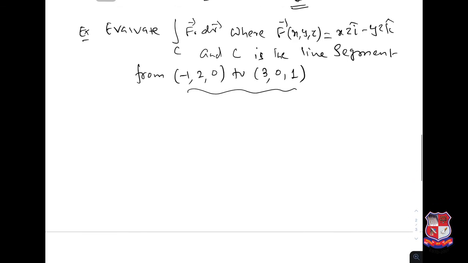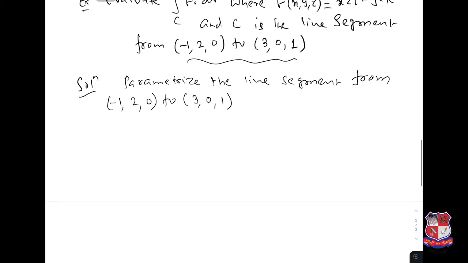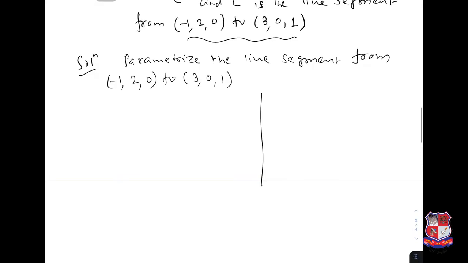Okay, so here let us parameterize the line segment from (-1, 2, 0) to (3, 0, 1), and we know from the previous section, it is not difficult.